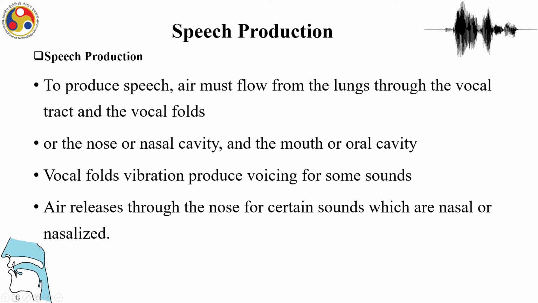The vocal tract then modifies the air push of the lungs, and we have the nasal cavity, the oral cavity, etc., to modify the air which has been pushed out and give it its particular shape in terms of consonants and vowels. And vocal fold vibration produces voicing for some sounds, and these are very important things which we have to consider when we are studying sounds.